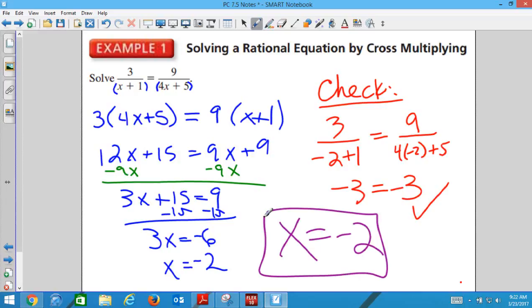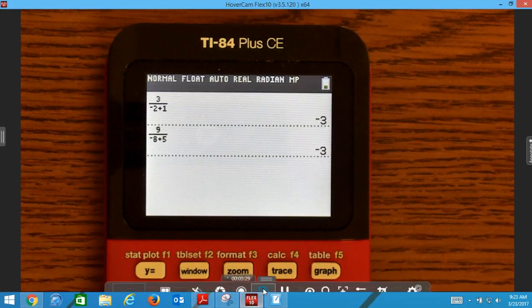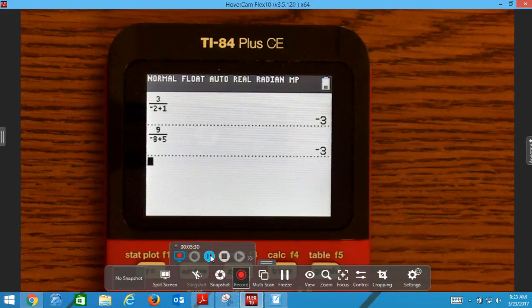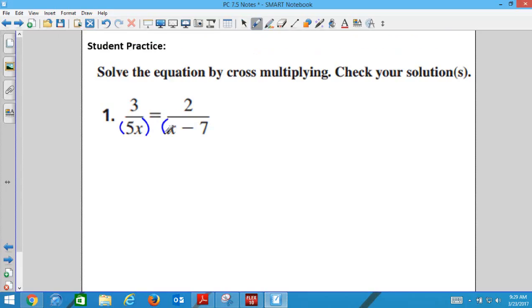Okay? So we have 3 for you to try. I'll pause the video while you try this. Okay, so we have to cross multiply, and distribute.